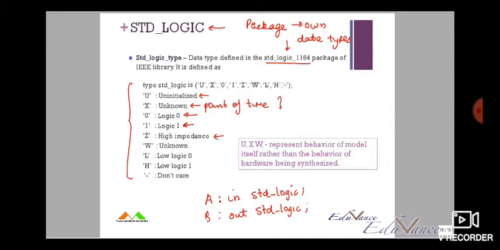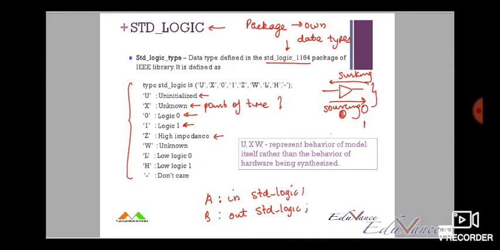I would like to spend 2 minutes discussing high impedance. Now, when you say that you have a logic 0, if it's a logic 0 at the output, that means that you are trying to take in current, that you are sinking current, and if the output is 1, you are sourcing current, means you are giving current.